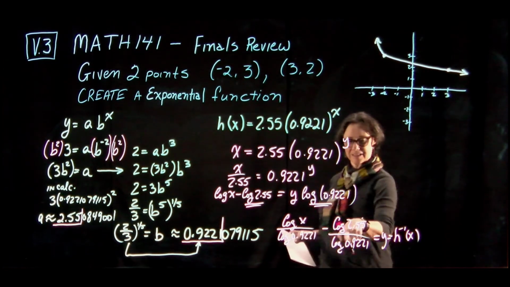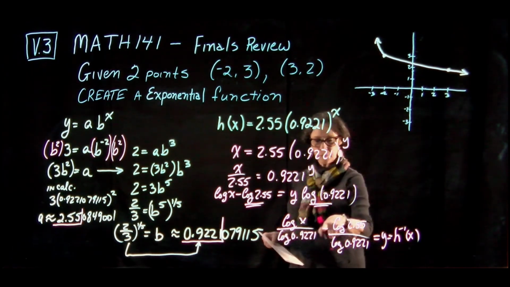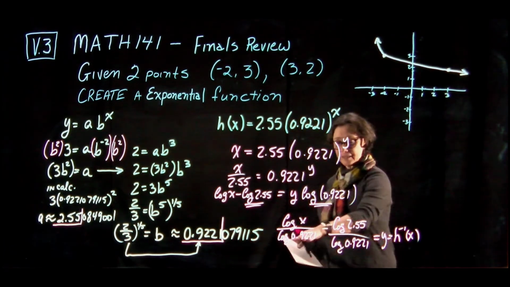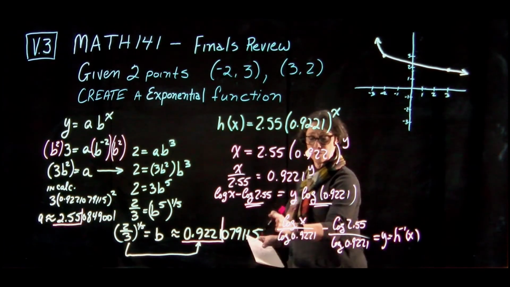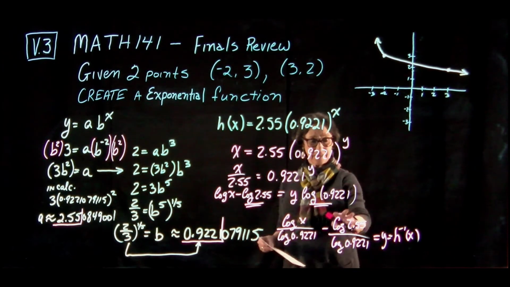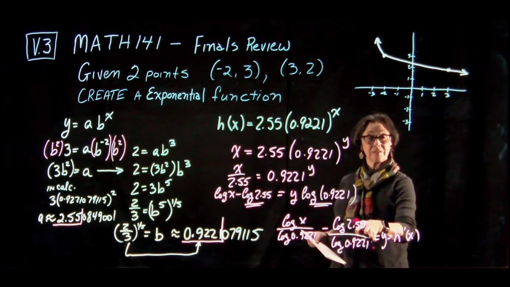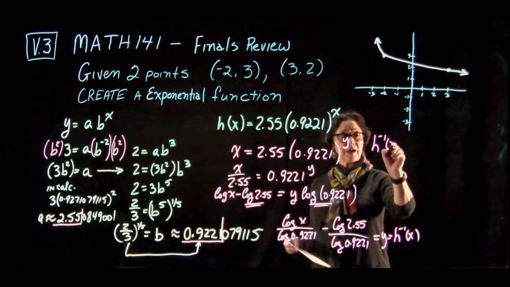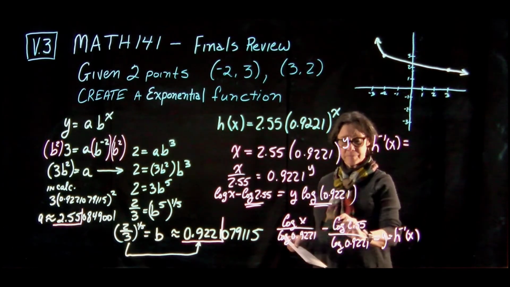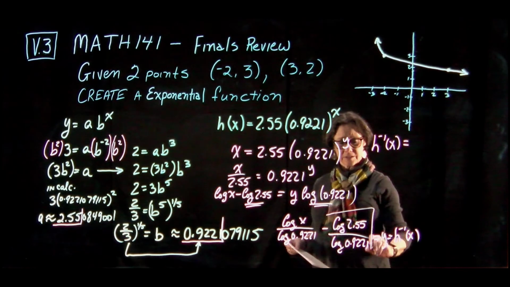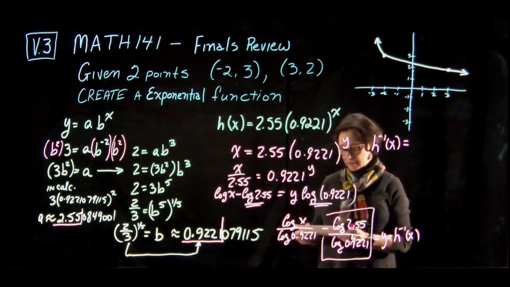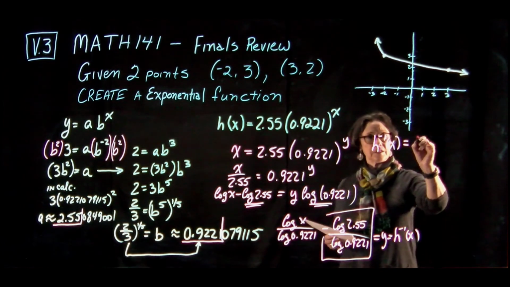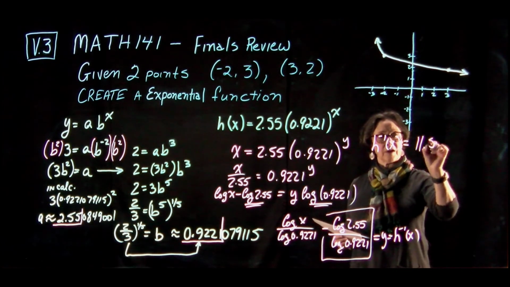But this is nasty. So we're going to put these into our calculators and come up with some numbers. This is going to give me a number that's a coefficient of the log of x, and this is going to give me a constant. So I'm going to rewrite this function up here. H to the negative 1 of x is equal to, I'm going to start off with this in my calculator, and that gave me a positive 11.54.